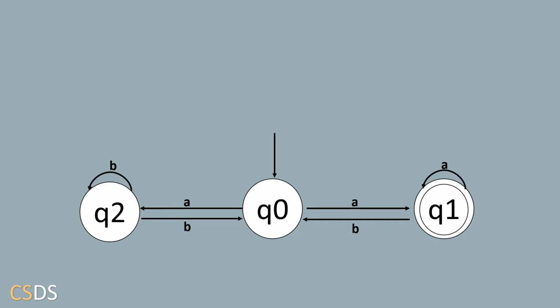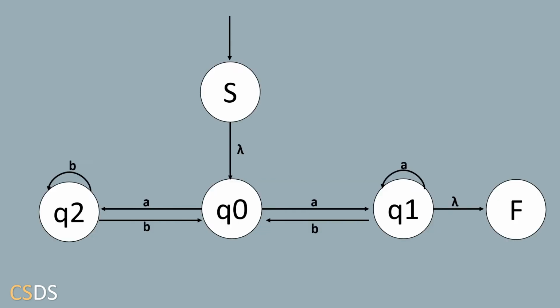Now we're given the following automata, and our goal is to convert this automata to a regular expression. First we're going to add two states, S and F, where state S we're going to add to the start state, which here is Q0, and we're going to add F to all the final states, which in our example is only one final state, Q1, in order to eliminate all our Q states.